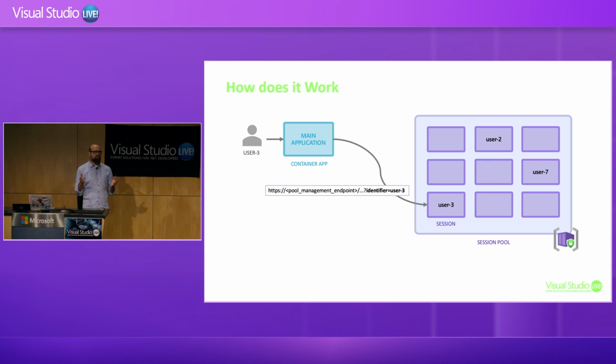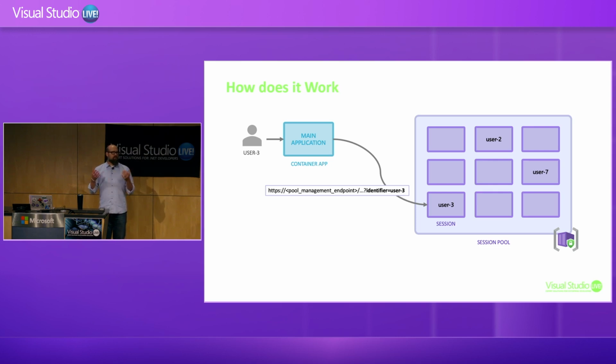Then you access that session pool, pass the code that you want to execute into it, and you get allocated to the same session by using the same identifier. Very straightforward. I sometimes like to think of this as a functions pattern where it comes to your code rather than your code coming to functions.